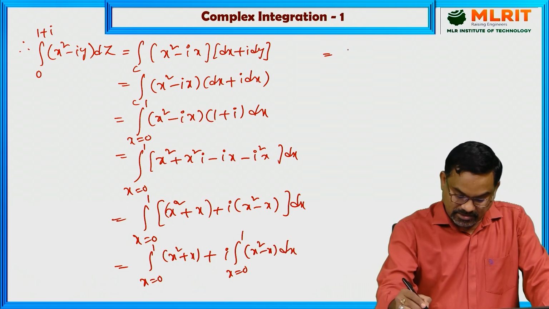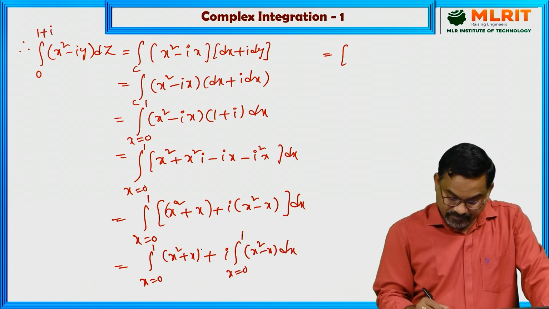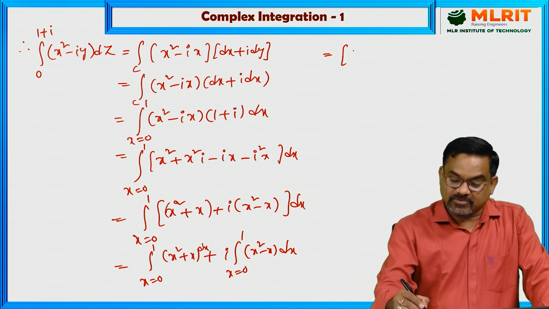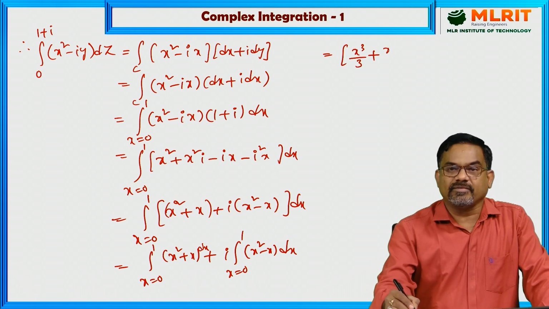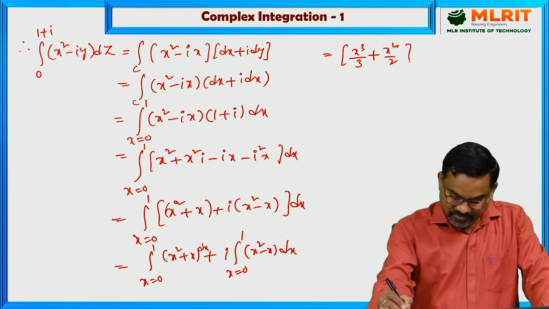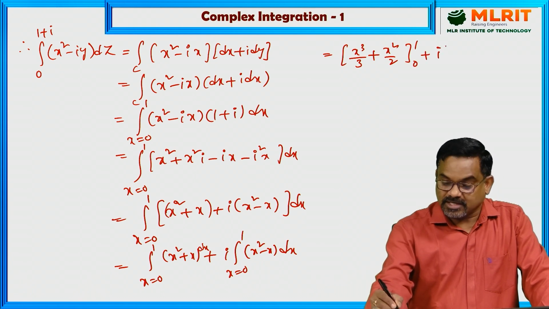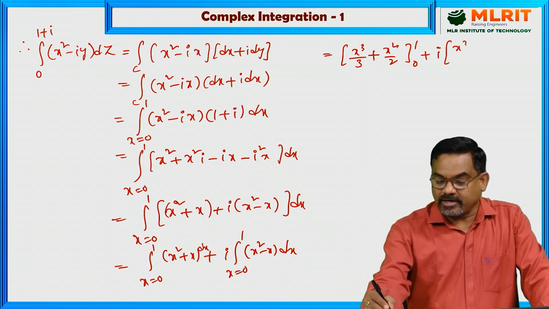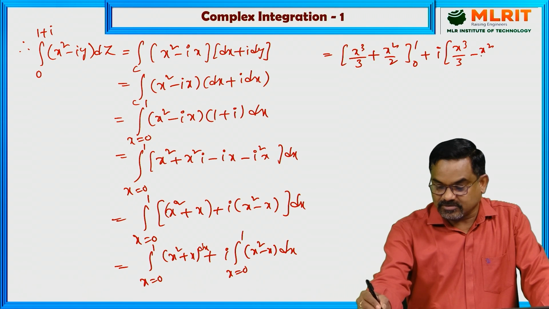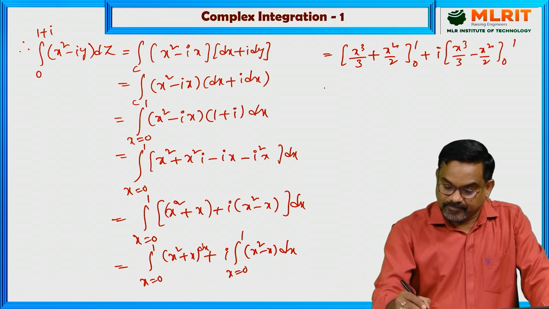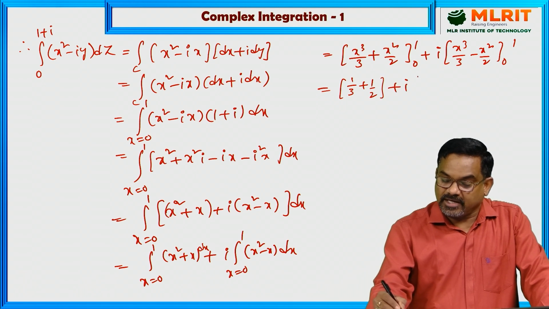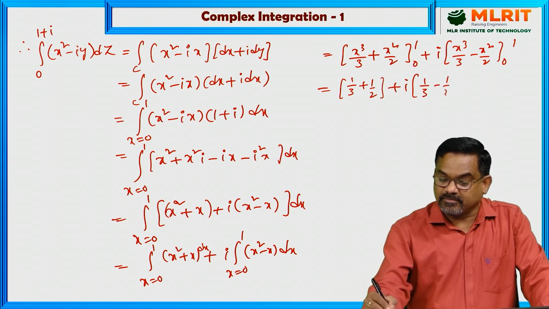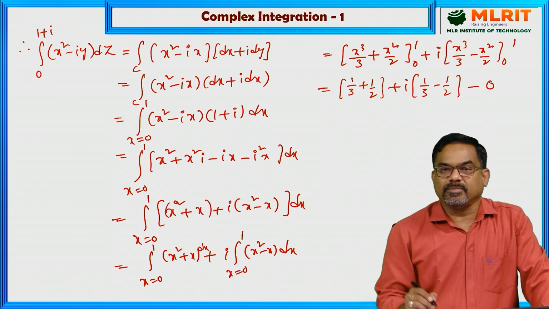So that is equal to, for the first one, the integral of x square is x cube by 3 plus the integral of x is x square by 2, from 0 to 1, plus i into x cube by 3 minus x square by 2, from 0 to 1. So applying the upper limit, 1 by 3 plus 1 by 2 plus i into 1 by 3 minus 1 by 2, and the lower limit is completely 0.